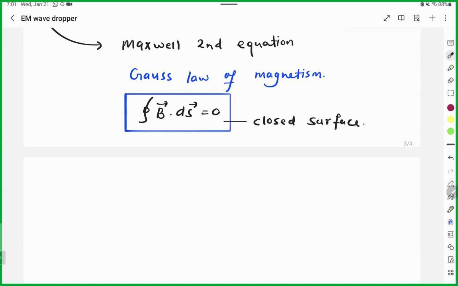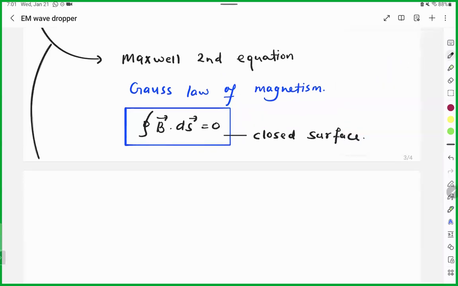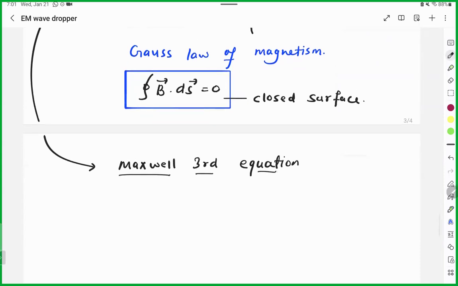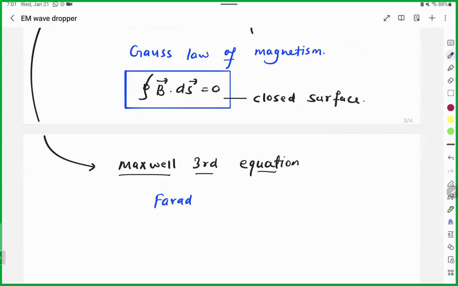Maxwell's third equation is Faraday's law of EMI. So, Tuhina, what is Faraday's law? Electromagnetic induction.